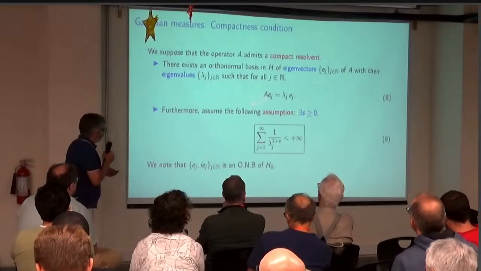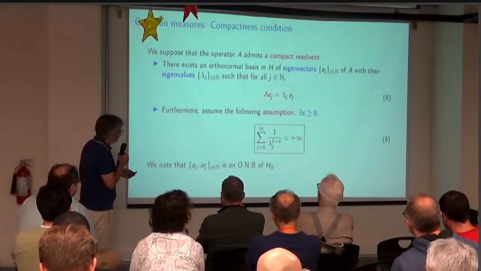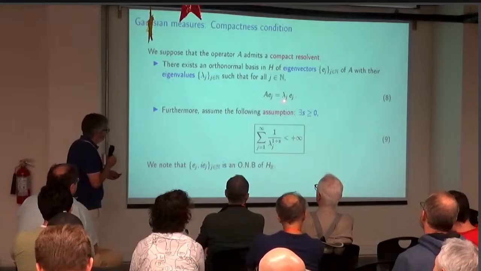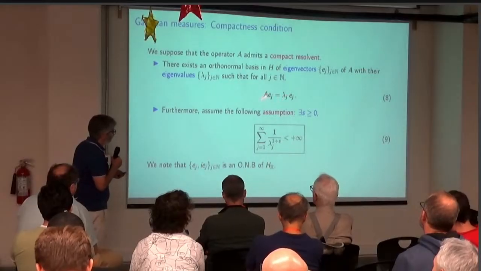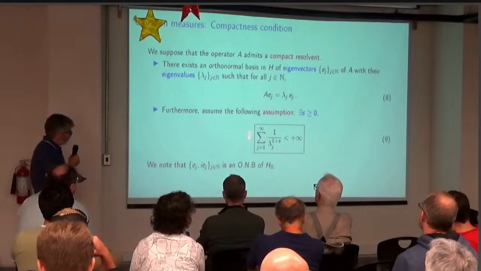Then you can use the spectral decomposition of the operator in this way, and you have an orthonormal basis a_j, and lambda_j are the eigenvalues of the operator A. And this assumption will play a key role.